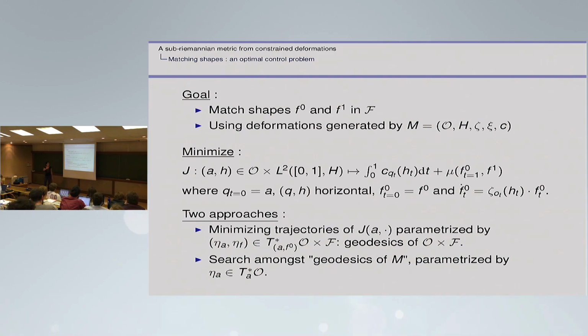So you don't really minimize that. Instead of a trajectory of control, you use only an initial geometrical descriptor, and you look, when you shoot with the sub-Riemann structure of M, what kind of trajectories it gives you in the space F.